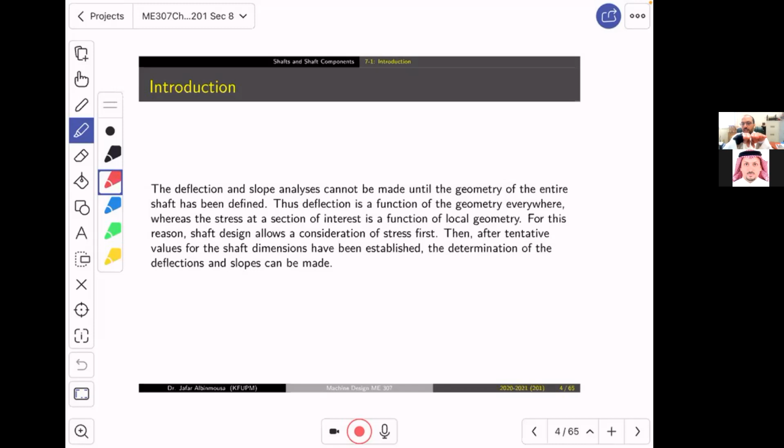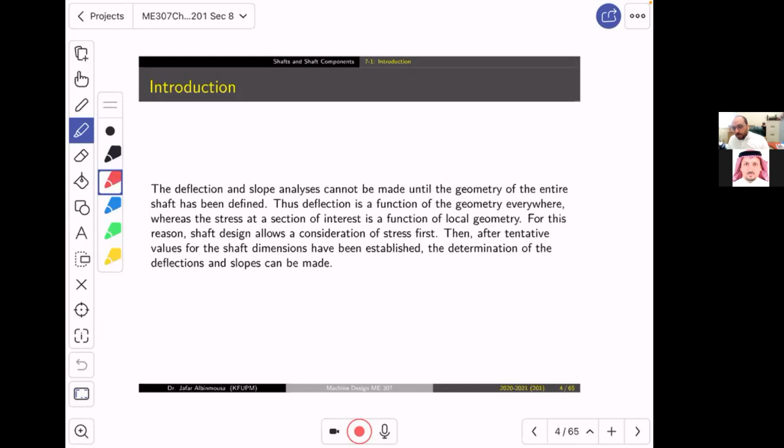Whenever those clearances are closed, things will start rubbing into each other, and once that happens we will have a big problem. Your machine is basically gone. So deflection might ruin those clearances, and we need to be very careful about it.